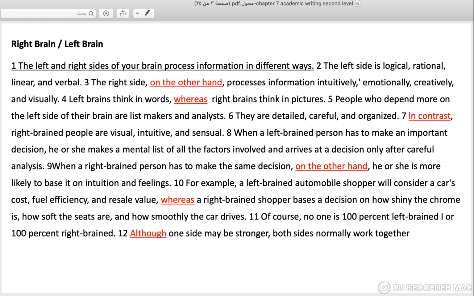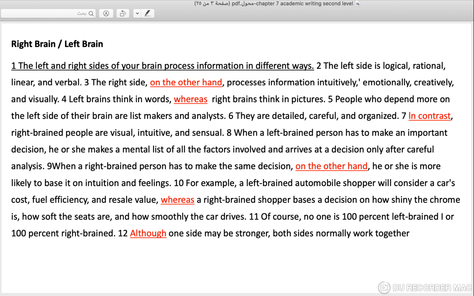إذا تلاحظون بين ما نقرأ احنا الباراجراف اكو هواي comparison and differences، يعني قاعد نشوف هواي مقارنة وإظهار للاختلافات بين two sides. People who depend more on the left side of their brain are list makers and analysts.